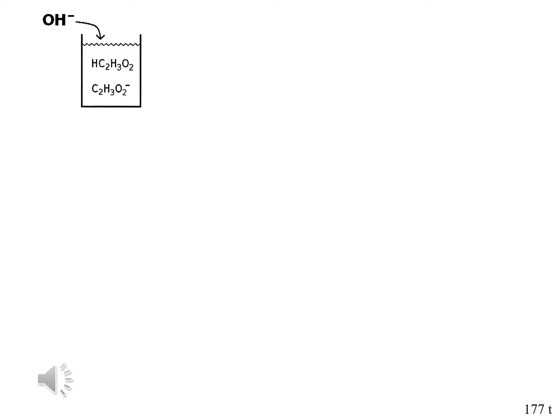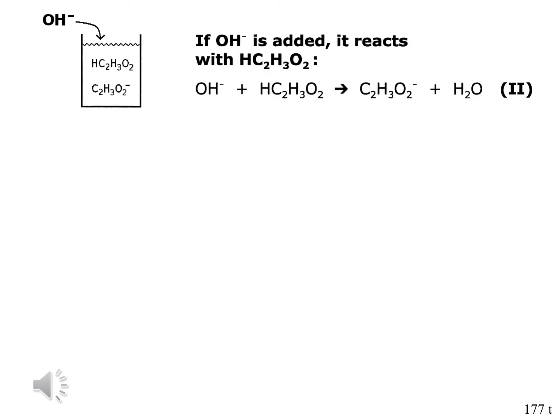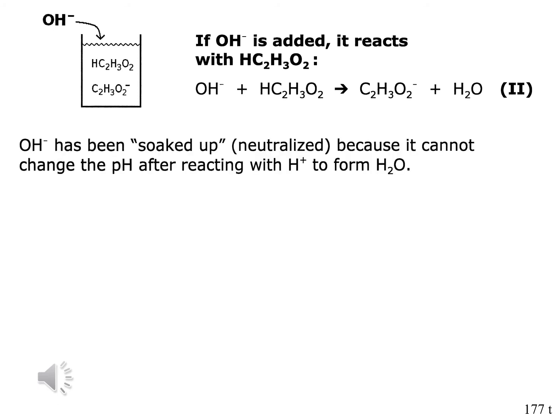Now let's look at what happens if you add OH- to the buffer. That won't change the pH much either, but it's going to react with the acid. It's not going to react with the negative ion, because they would repel each other, but it will react with acetic acid. And when it reacts, the OH- will pull an H off to make water, and that is a type 2. The reason it's been neutralized, obviously, is that when OH- takes an H+, it becomes water, and water is neither acidic or basic.